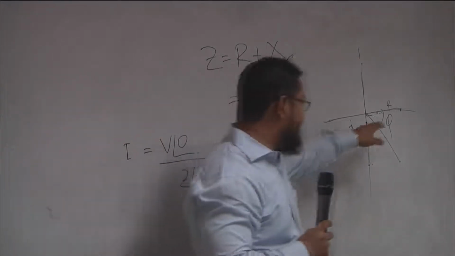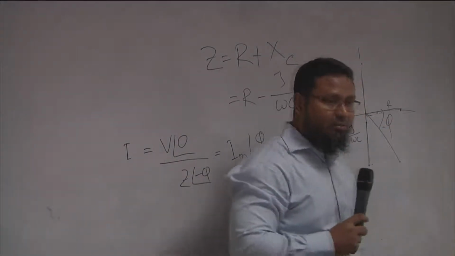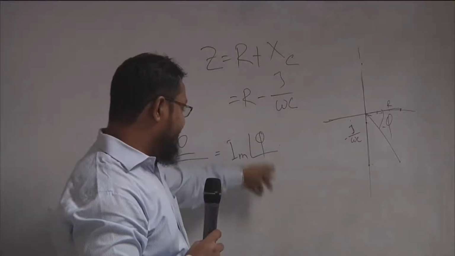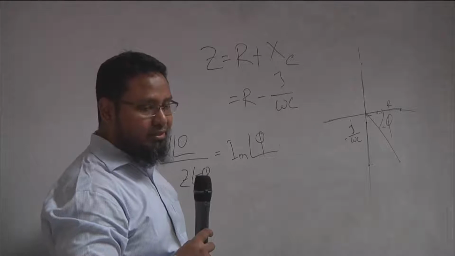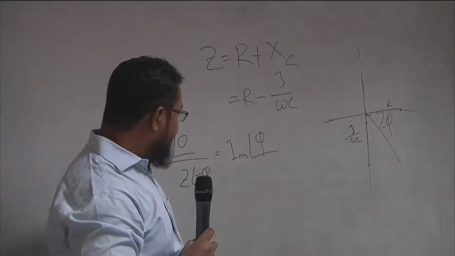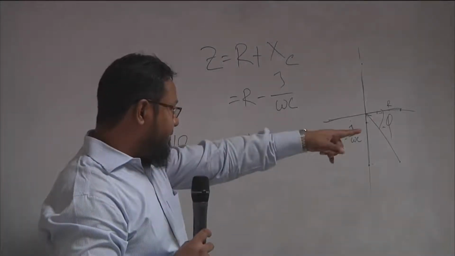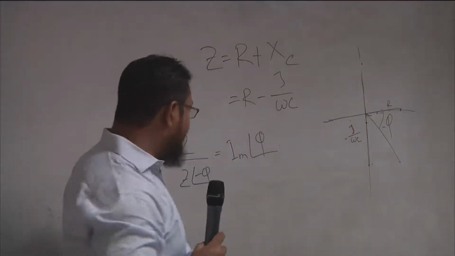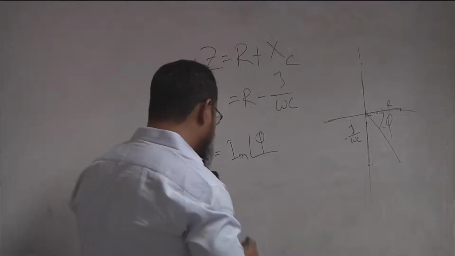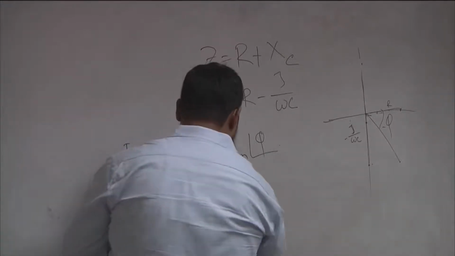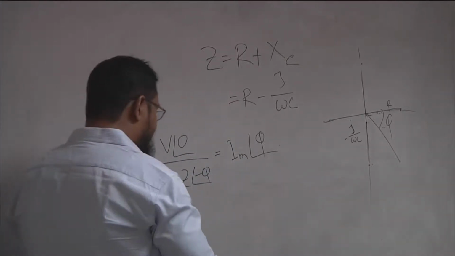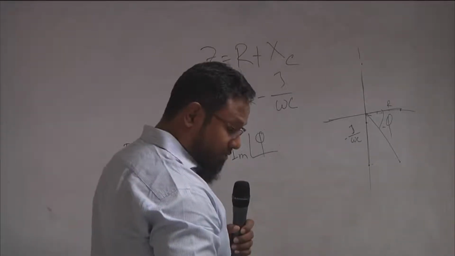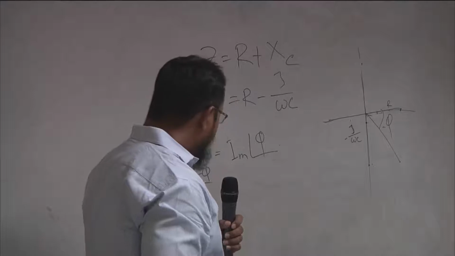But because we have a resistive component, the angle is a little less than 90 degrees, and so we have phi, which is less than 90 degrees in magnitude. So the current through the branch will be leading the voltage by an angle of phi, and the amount of phi will depend on the relative values of R and C.